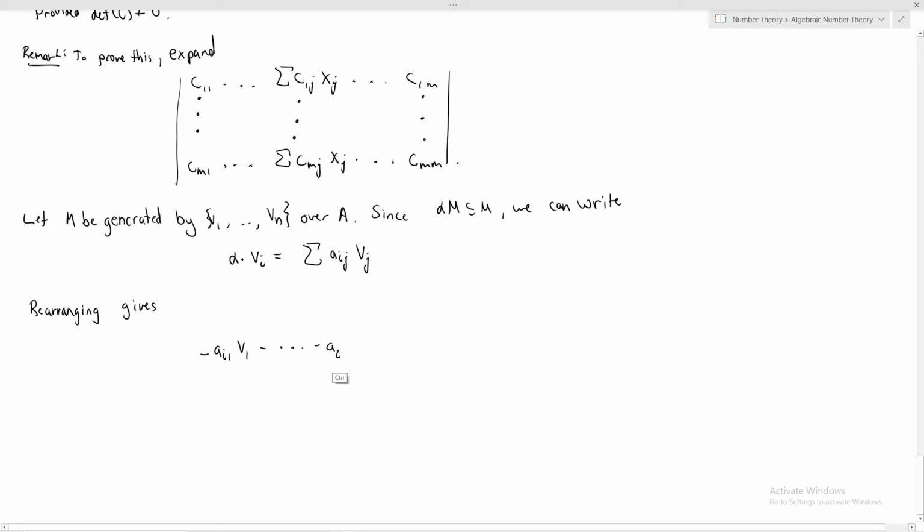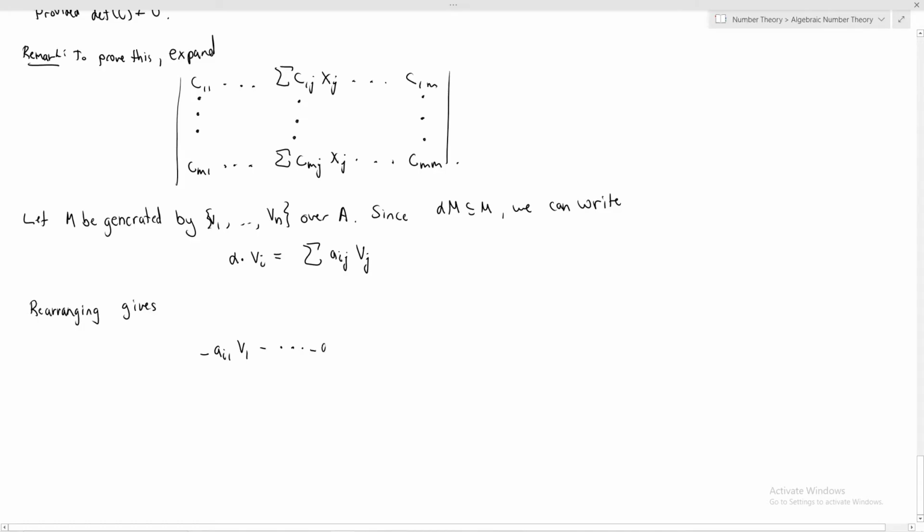I'm a little worried about my indexing here. Yeah, okay, the i will be constant throughout. The i is not going to change. The j is going to change.